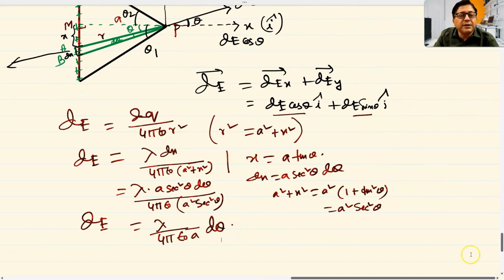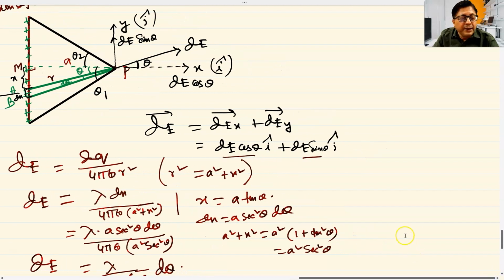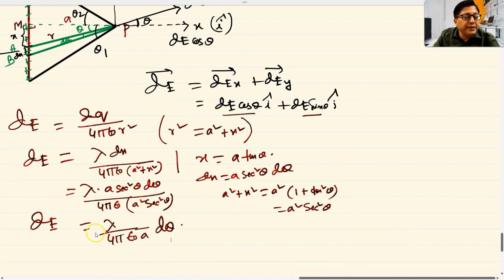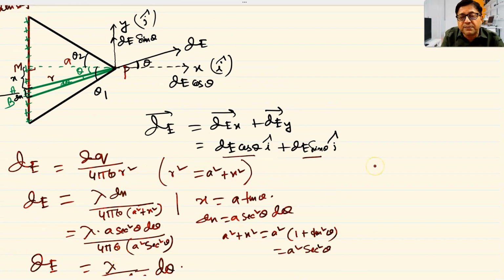Now let us write the value of dE here. That d vector we will write. The magnitude we got here is lambda by 4 pi epsilon-0 a d theta. Just substitute there.